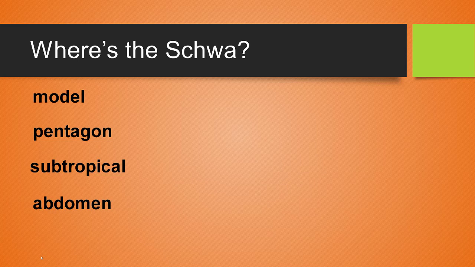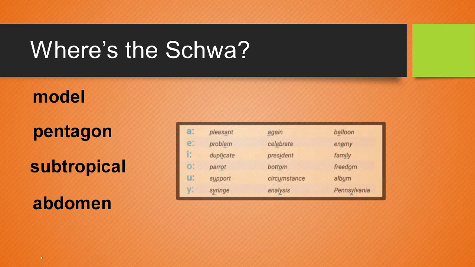That O, we don't really hear the short or long sound specifically. And here's a chart that will show you some of the words and the location of the schwa. And you'll see schwa listed for A, E, I, O, U, and Y. So all of those vowels can also act as a schwa.